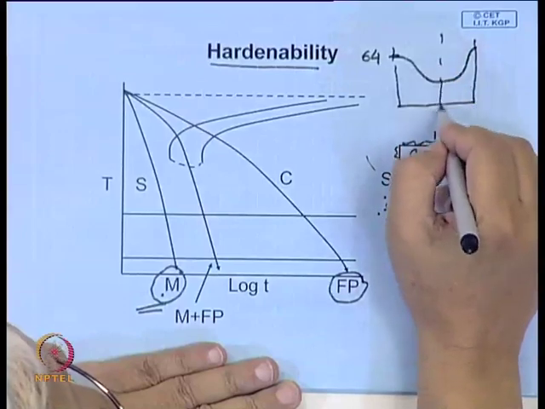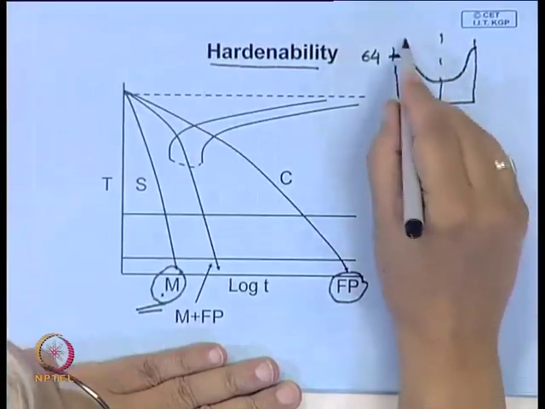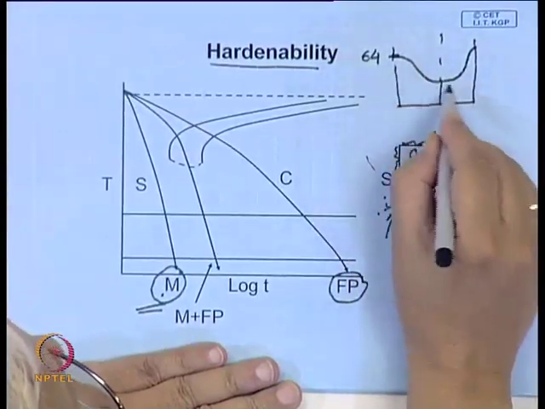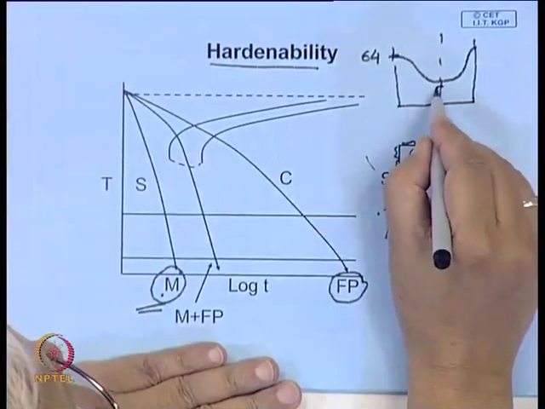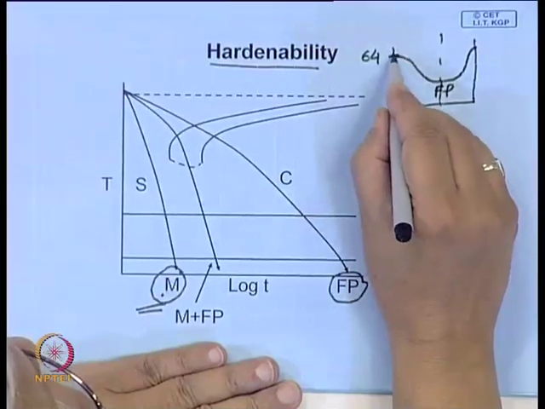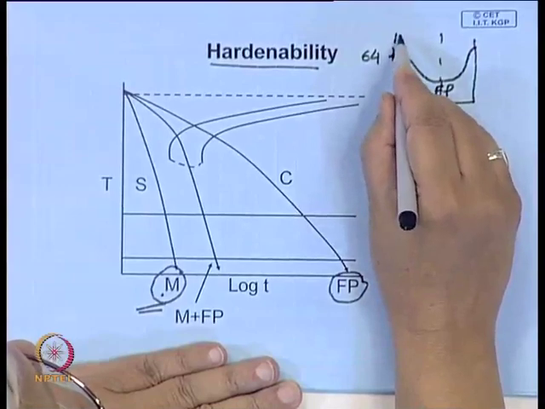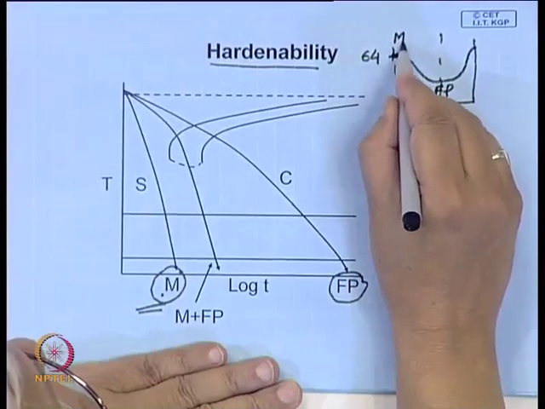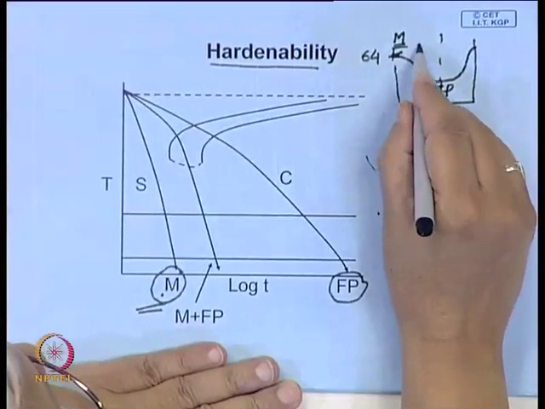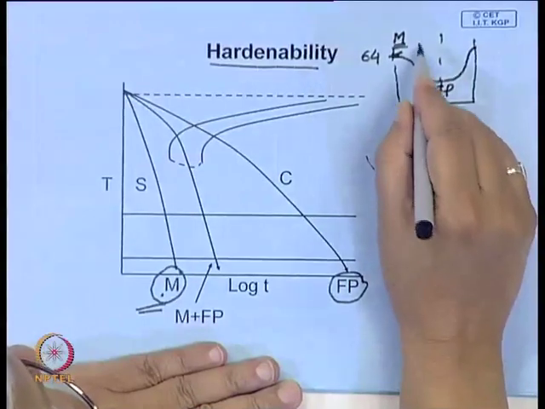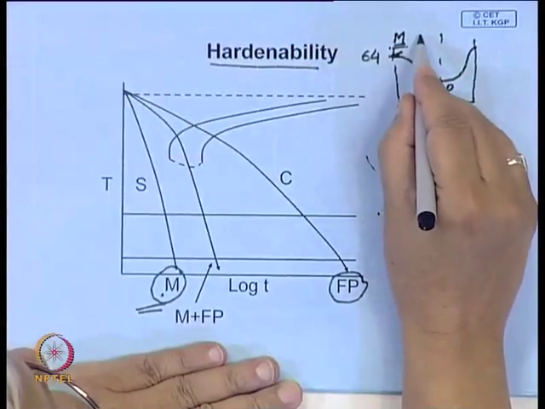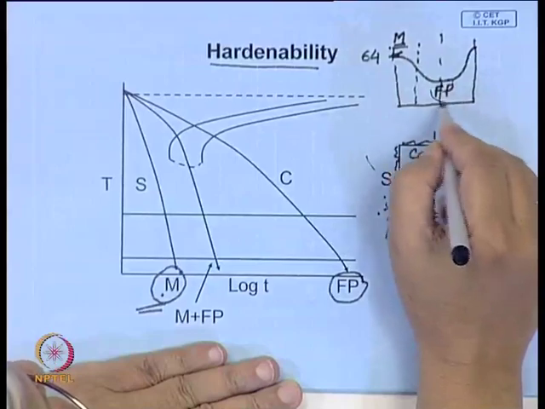This curve, if it is a cylinder, it should be symmetric, let us say. So what you have here, you have fine pearlite, here you have 100% martensite. In between you can think about a structure where it is 50% martensite, 50% pearlite.